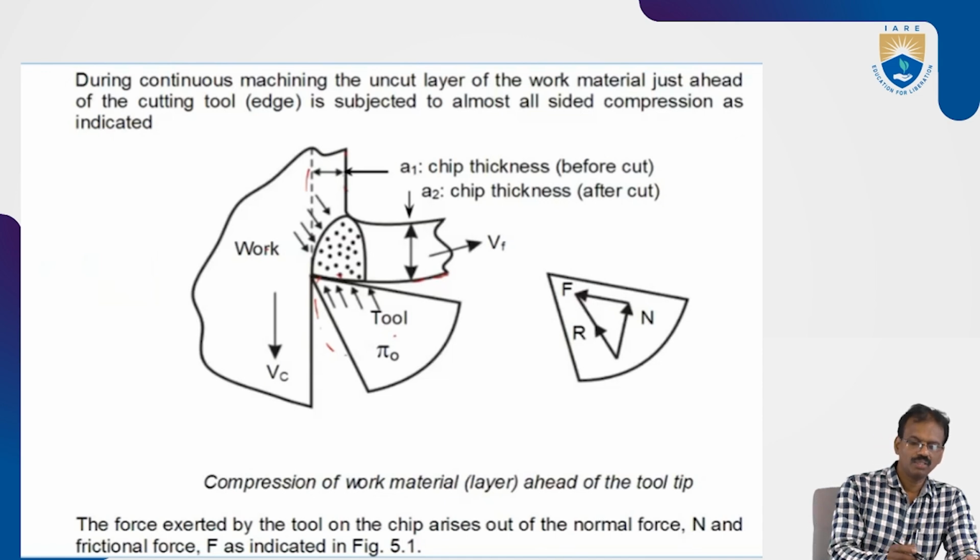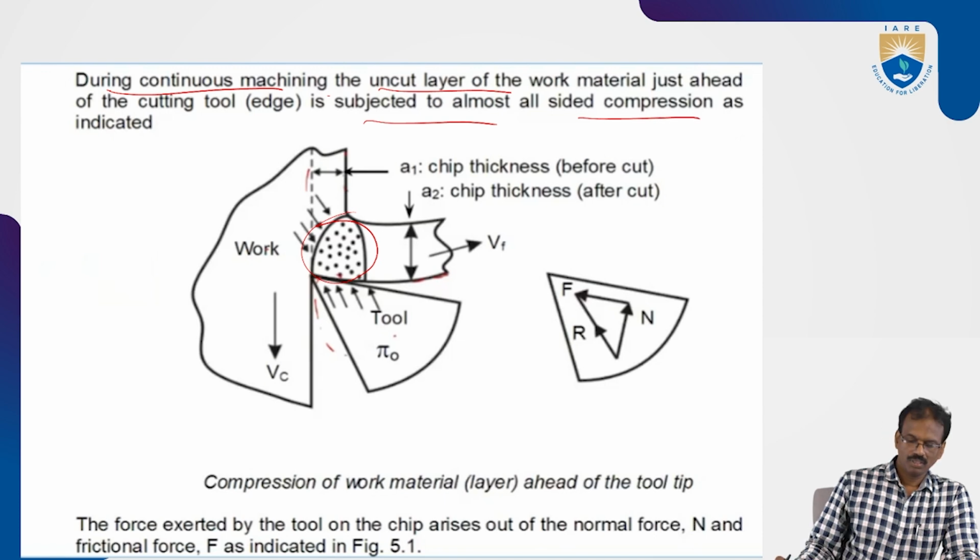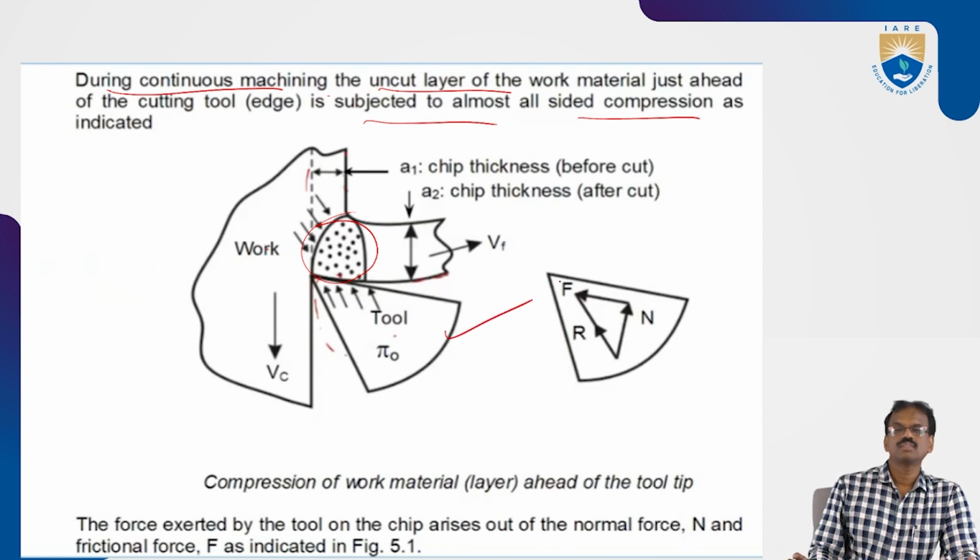So during continuous machining, the uncut layer of the work material is just at the head of the tool bit. So this portion is subjected to almost all the stresses. Okay, so here we can see the chip formation when the tool bit is moving in the forward direction.